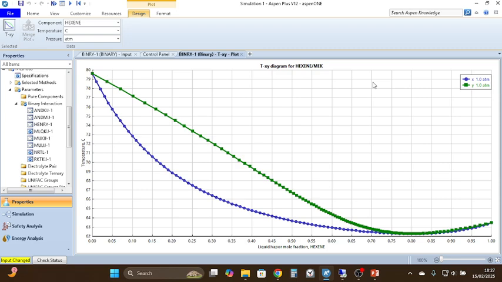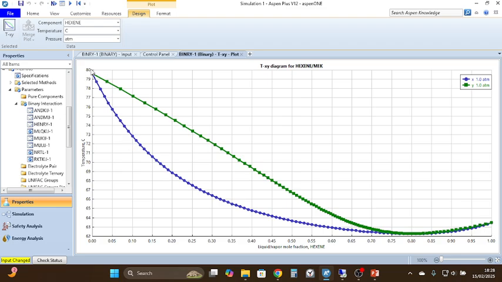The boiling point of the mixture is 79.58. So it is between 79 and 80. Yes, this green square indicates the mole fraction in the vapor phase, and this X indicates the mole fraction in the liquid phase.